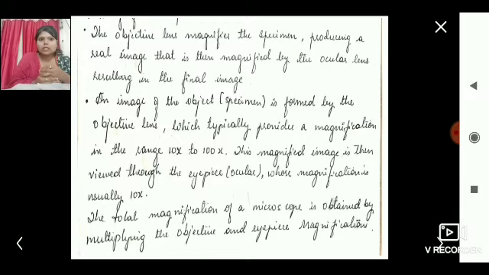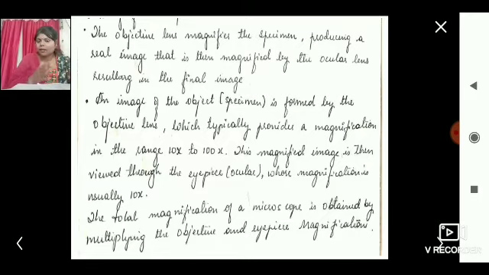So first, the real image is formed by the objective lens, and then the ocular lens again multiplies the size of the image. An image of a specimen is formed by the objective lens, which typically provides a magnification in the range of about 10x to 100x.